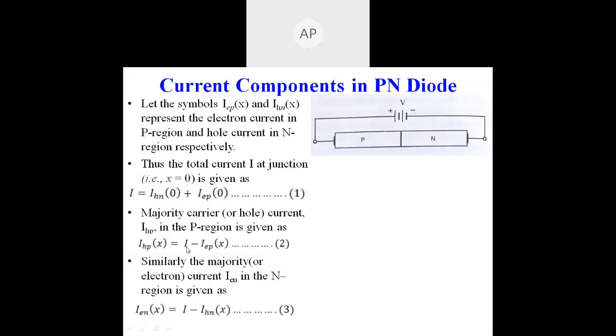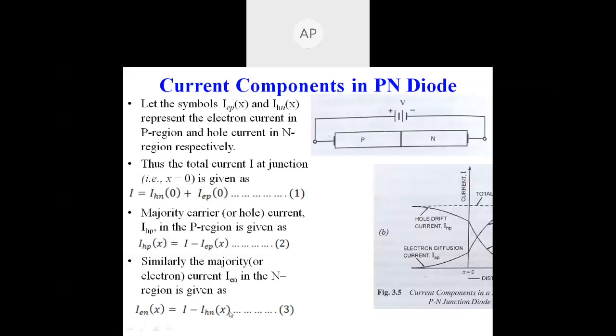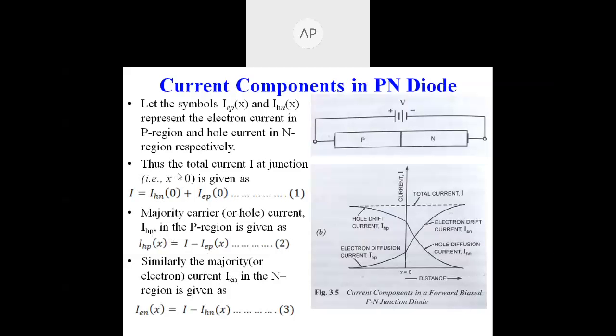So the majority carriers in the P region are the holes, which is represented as this one. Similarly, the majority carriers in the N region are the electrons, represented as I subscript EN.